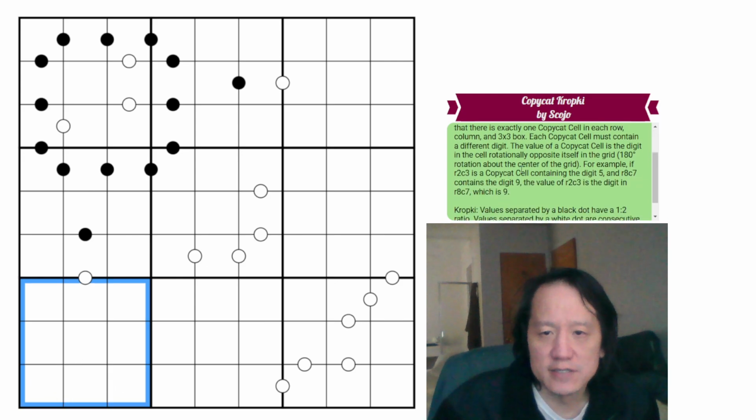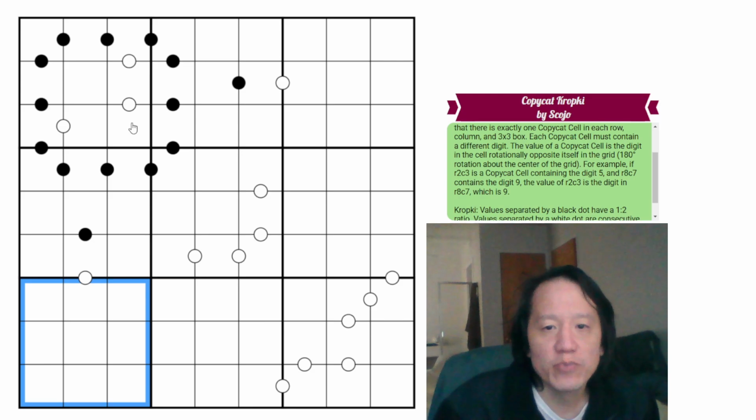Each copycat cell must contain a different digit. The value of a copycat cell is the digit in the cell rotationally opposite itself in the grid. That is 180 degrees rotation about the center of the grid.